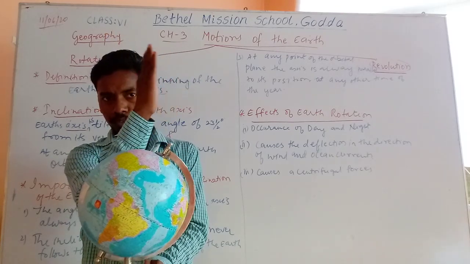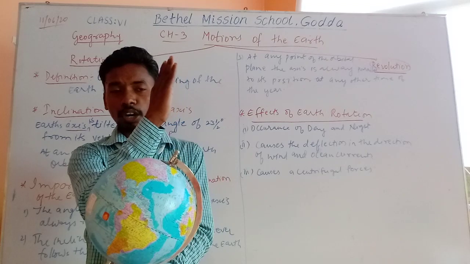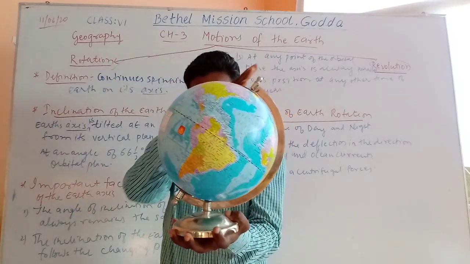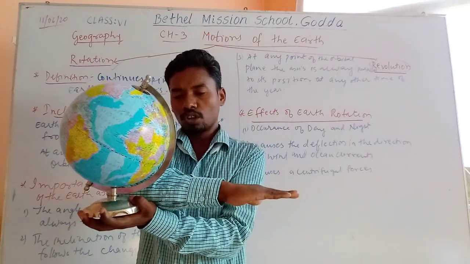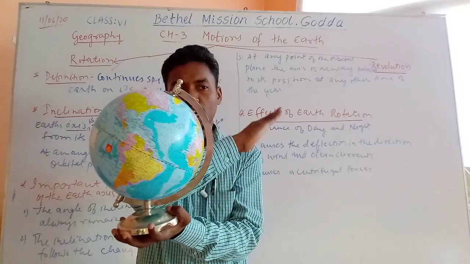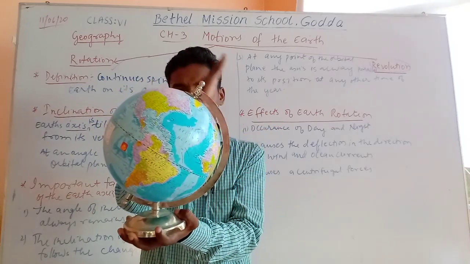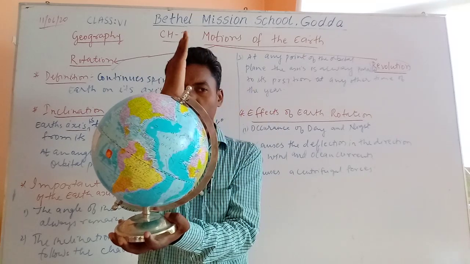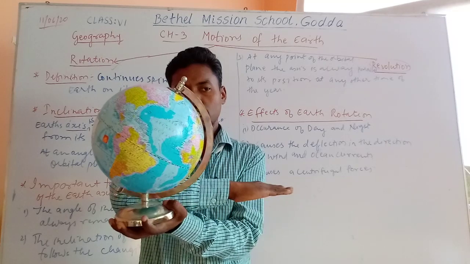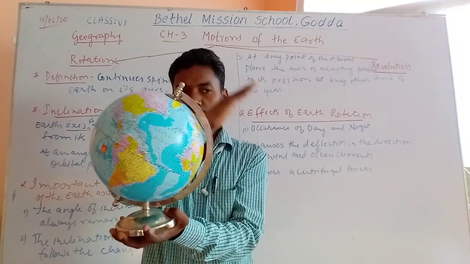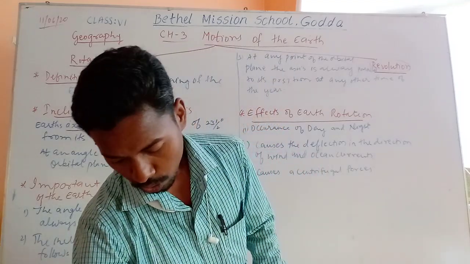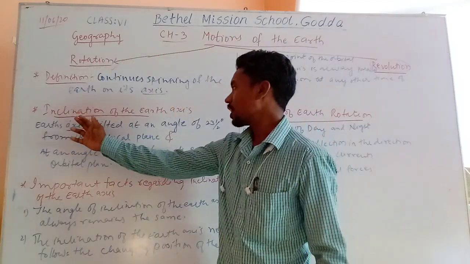The angle between this vertical and the axis is how much? 23.5 degrees. Whereas the angle between this axis and this horizontal plane, the Earth's orbital plane, is almost 66.5 degrees. So that was about the inclination of the Earth.